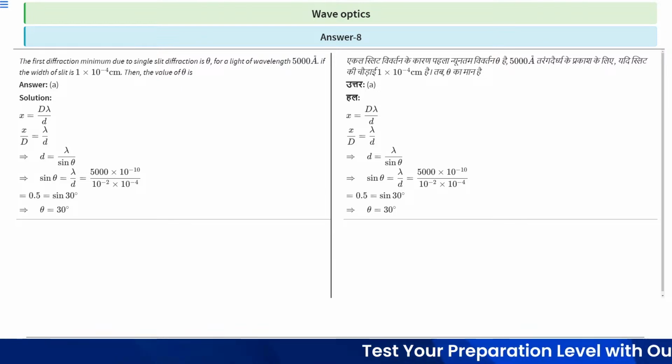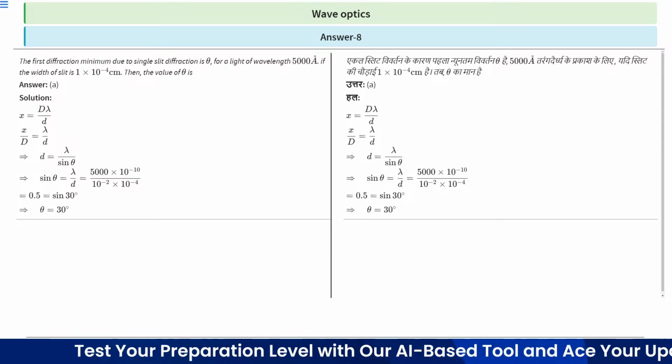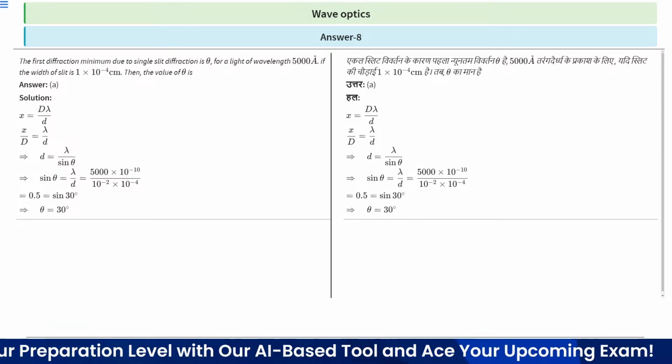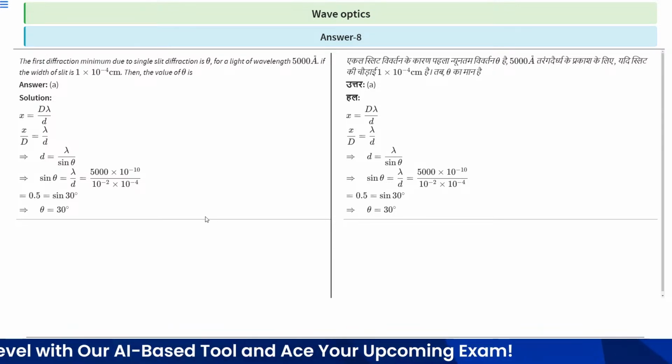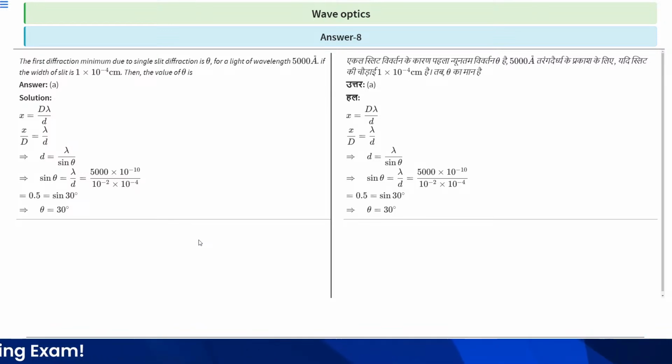After calculation, 0.5 is equal to sin 30 degree. The value of sin 30 is 1/2, which becomes 0.5. So theta is equal to 30 degree. So the correct option is option A.